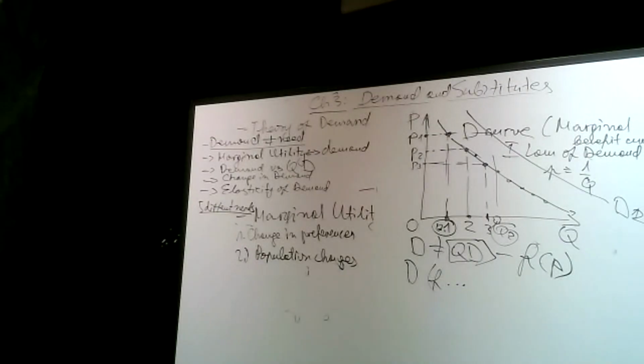Even in the absence of any change in preference, every single individual wants to buy the same quantity of bread as before. But if you have more people, you will have a higher total demand for bread. The total amount of money that people will be spending on bread will be higher. It will shift the demand curve to the right.